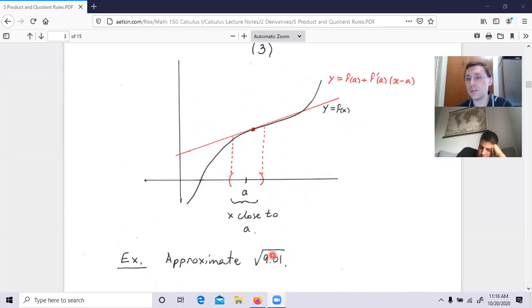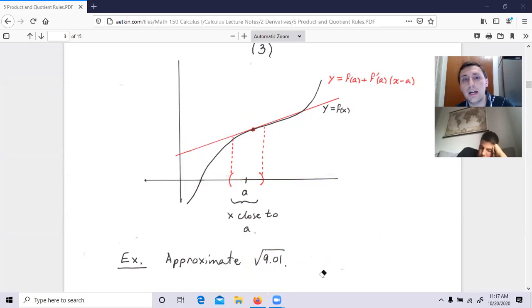Root of 9.01. Now, what function am I using here? When I calculate roots, naturally the function I'm using is the function f of x equals the square root of x, correct? At some values it's very easy to evaluate.